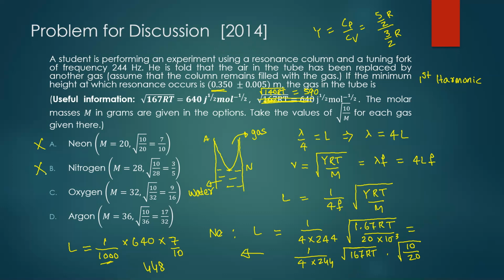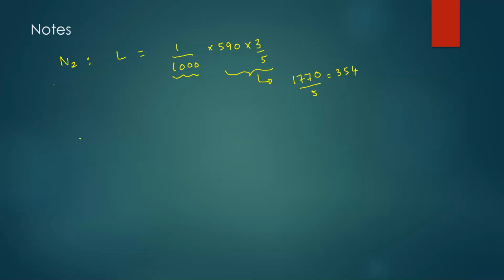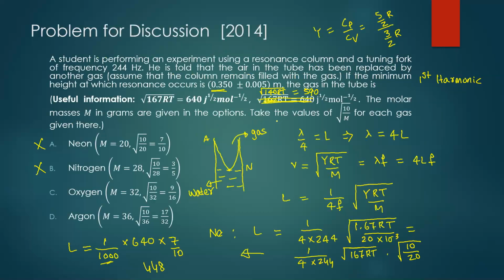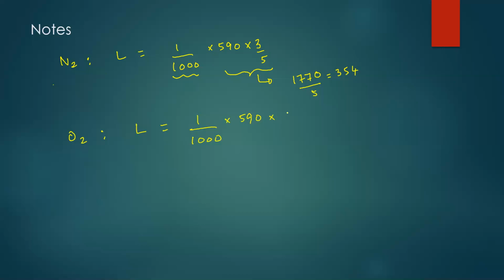Now we will try with oxygen. When we are trying with oxygen, all we have to use is that fraction 9 by 16. We have already done the calculations when we did neon. So for oxygen, the length will be 1 by 1000 into that 590 number. And the fraction given is 9 by 16. Again, I'm ignoring this. I want the product of these two to be close to 350.